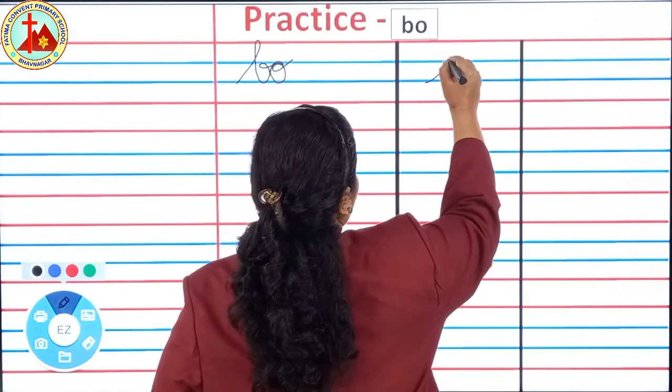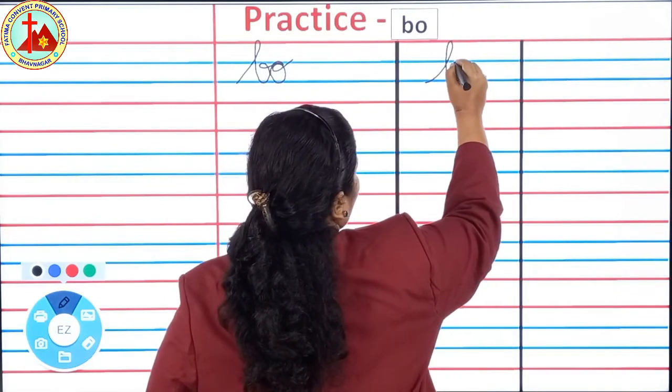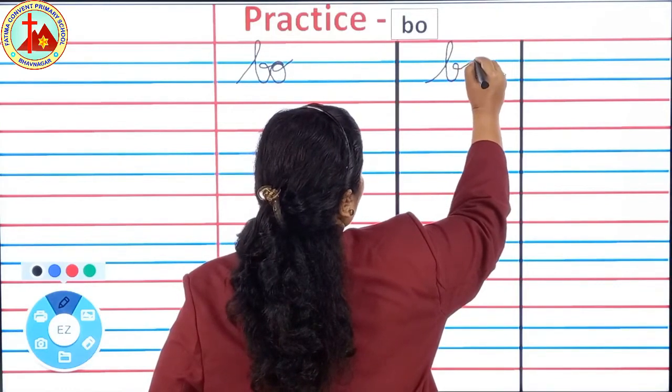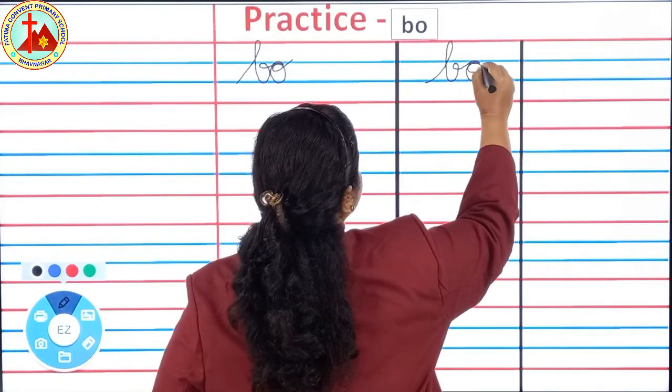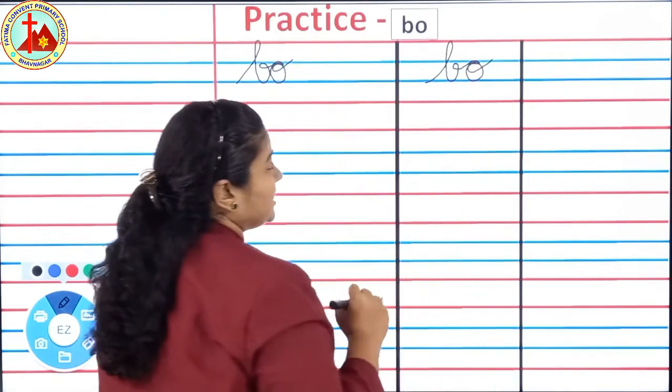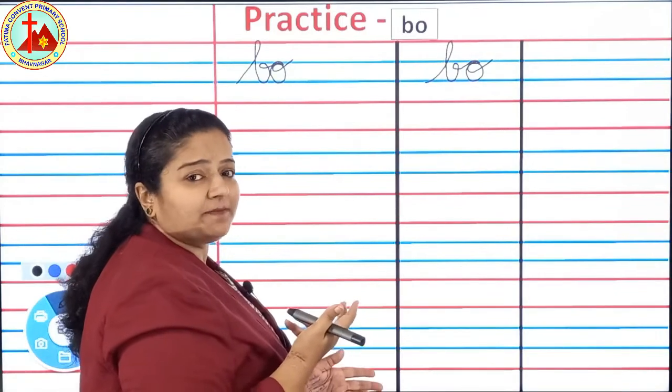Again. First you have to write B. Here you complete B, then continue writing O. C, circle, go inside. O, B-O, bo. This is not any spelling, just for practice.